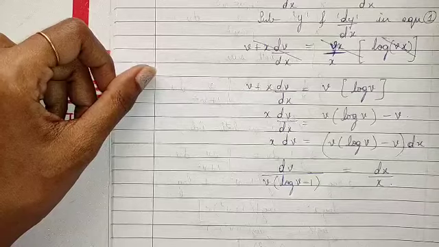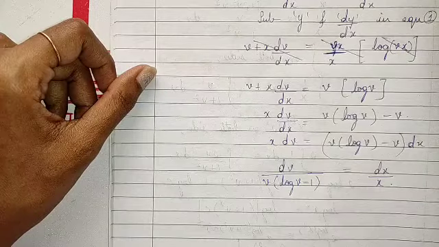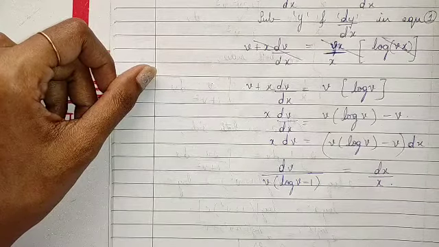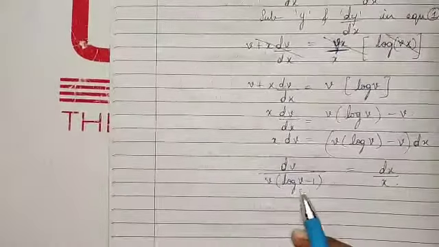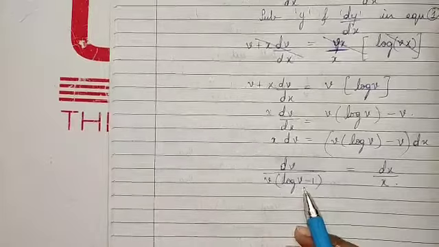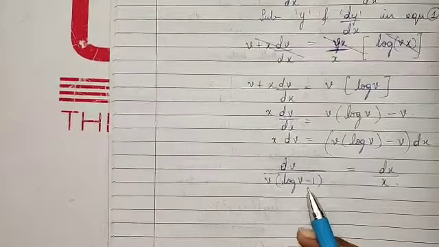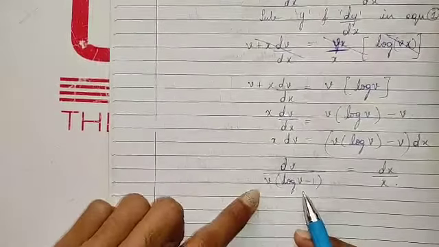Now our next step is to integrate on both sides. So if we look at this denominator, integrating this denominator is a little difficult. So we can convert this into another variable.